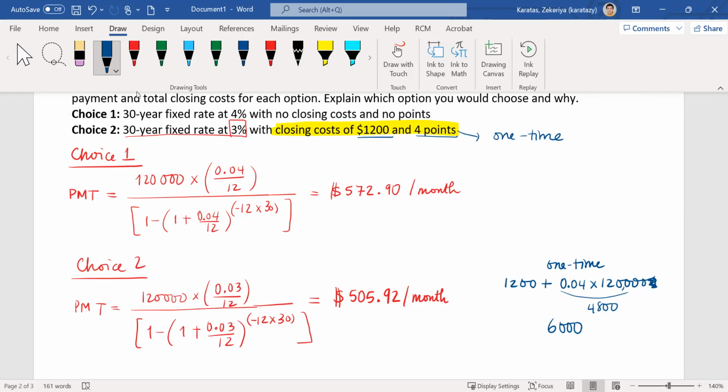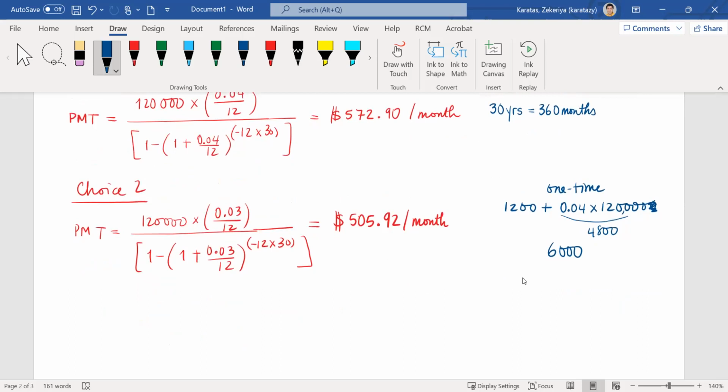But you want to compare these two options over the long-term period, which is what you're going to be paying for 30 years. And 30 years is just 360 months. So if you want to compare them, it's good to divide this one-time payment into a monthly payment plan, since you're paying this one time for a loan of 360 months.